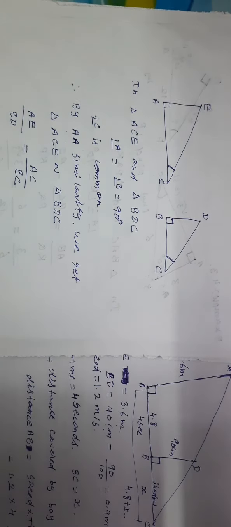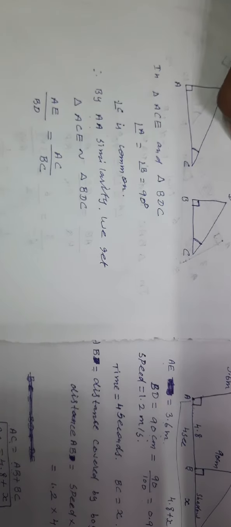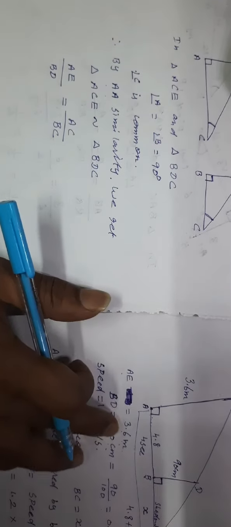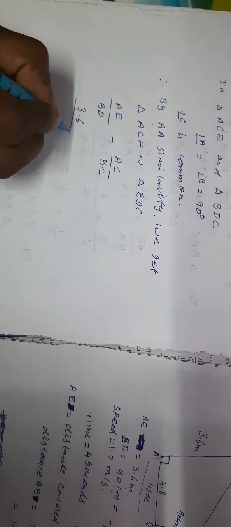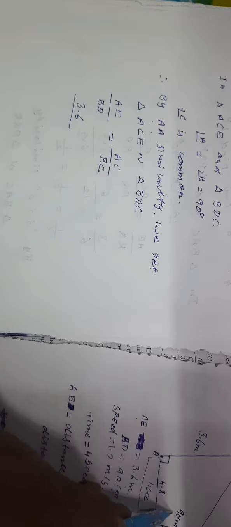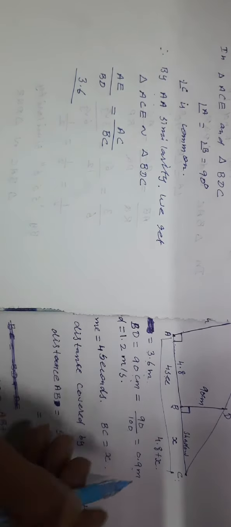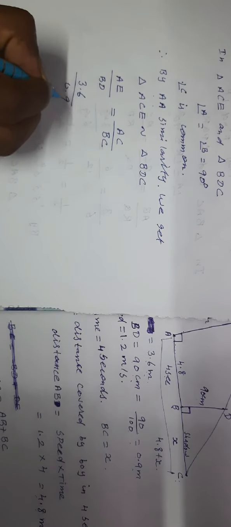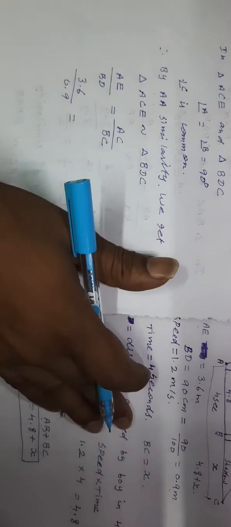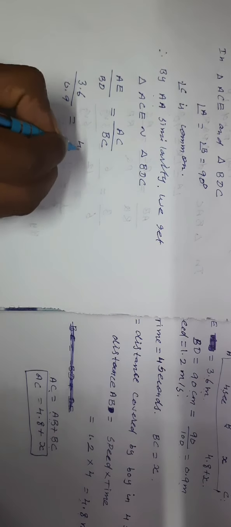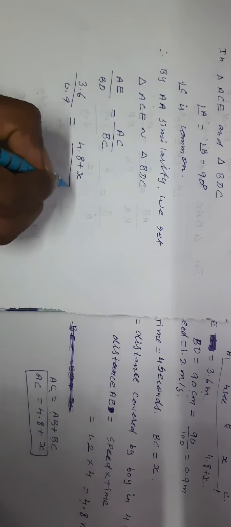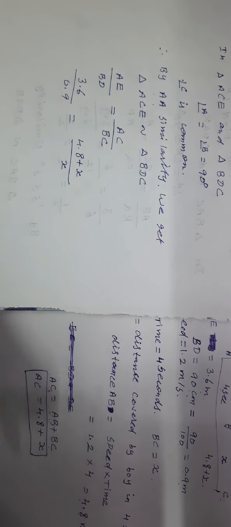Now substitute: AE is equal to 3.6, so 3.6 by BD. BD is 90 centimeters, I can change to meters, so we get 0.9 equal to AC by BC. AC we can write as 4.8 plus X, and BC is equal to X.